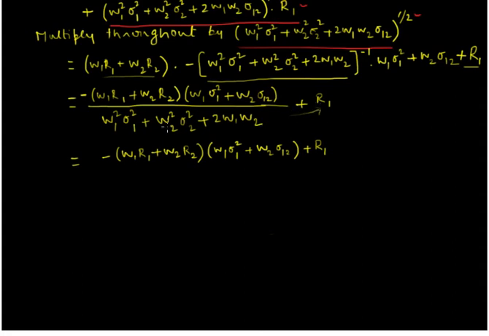We are doing that because then this denominator will be applicable to the entire set of things here. So R1 times W1 squared variance of 1 plus W2 squared variance of 2 plus 2 times W1 W2 times covariance between 1 and 2.